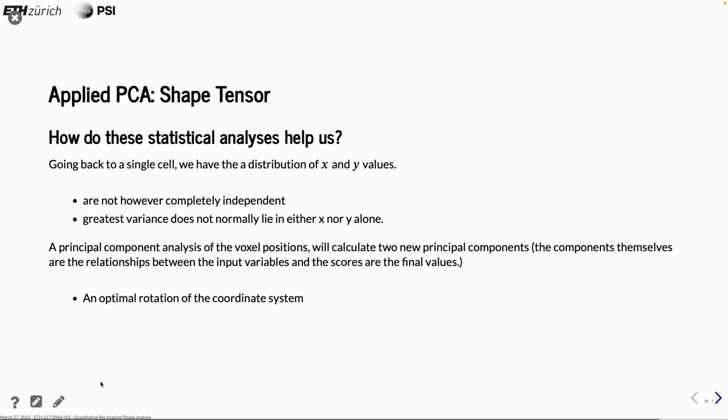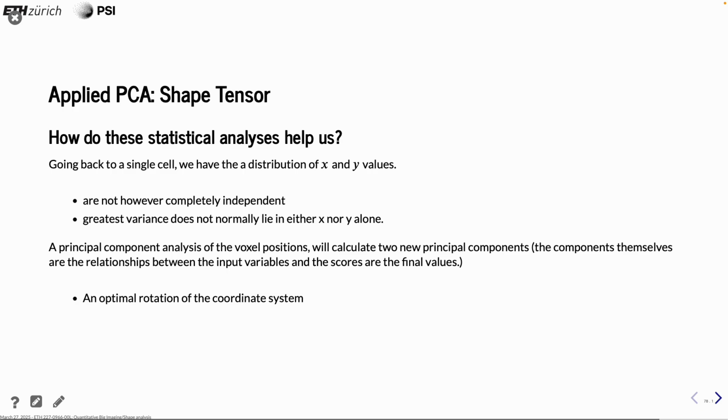So let's continue where we ended. Another way of using the PCA is the shape tensor. One thing I didn't say about the PCA is that you create a transformation matrix that rotates the data in a way that you have your maximization in different directions.